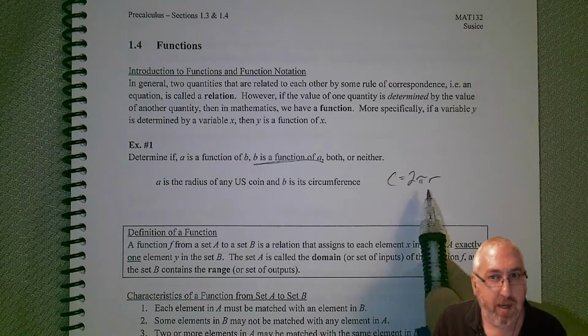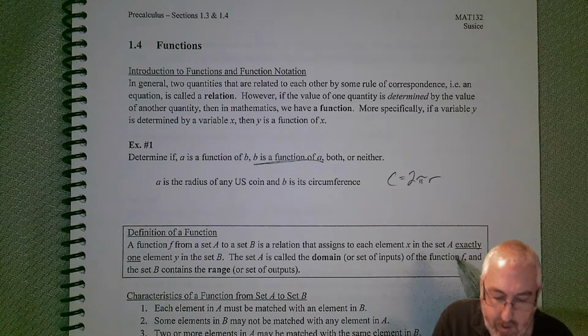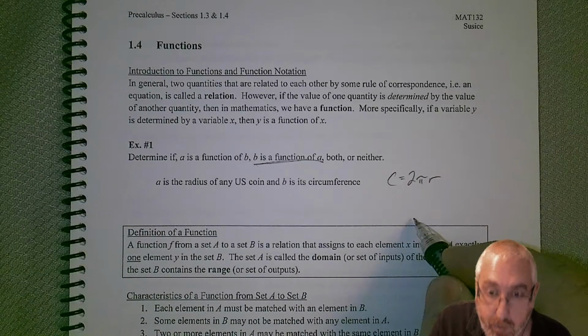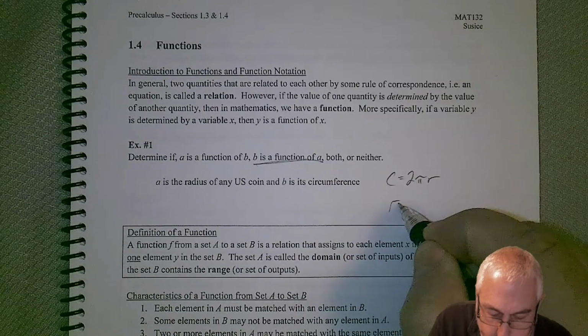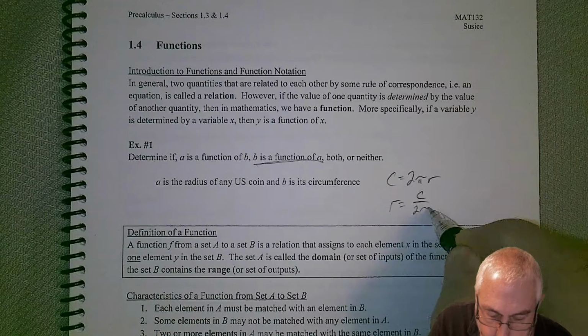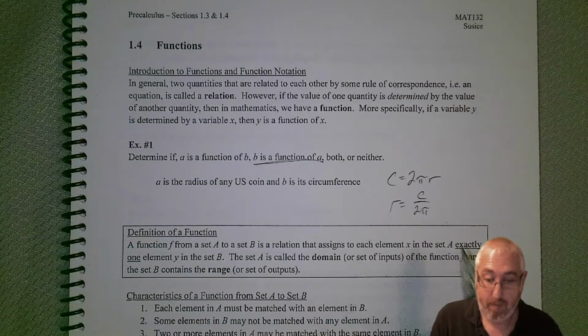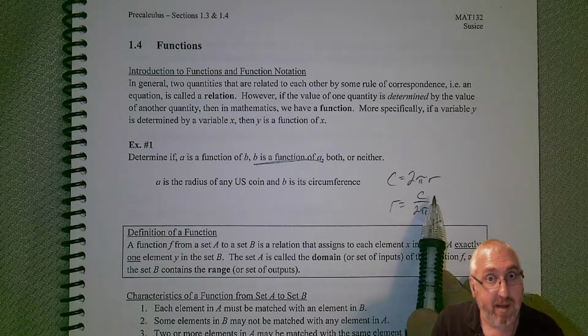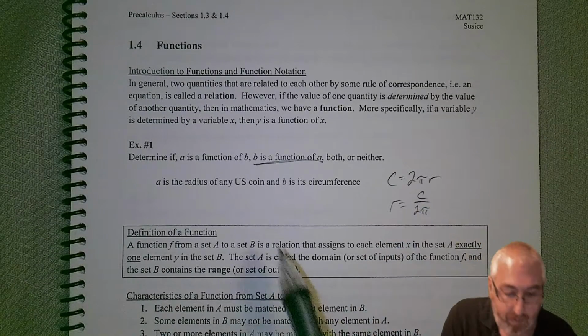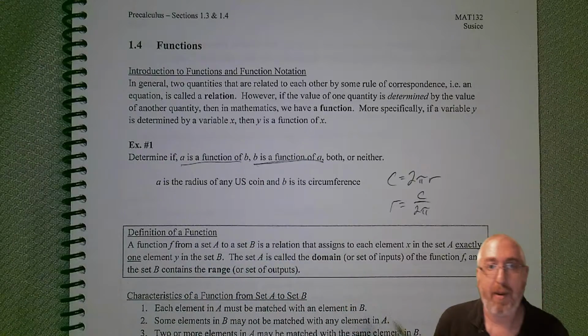What if I rearrange this formula and I divide both sides by 2 pi? Now r is determined by C. So now this is happening.